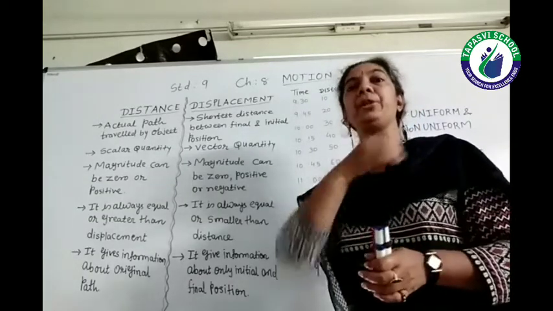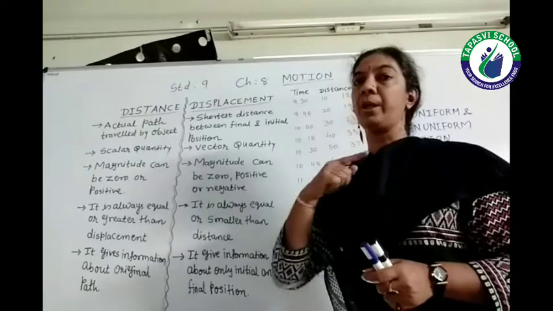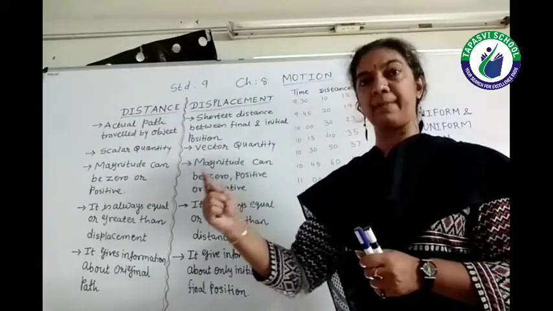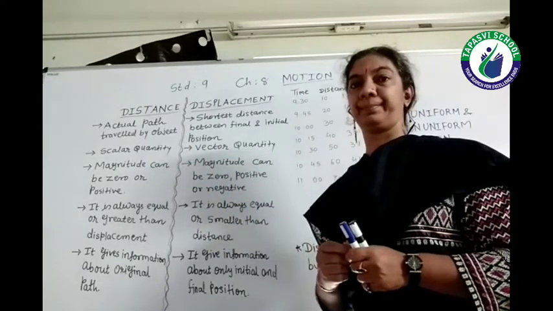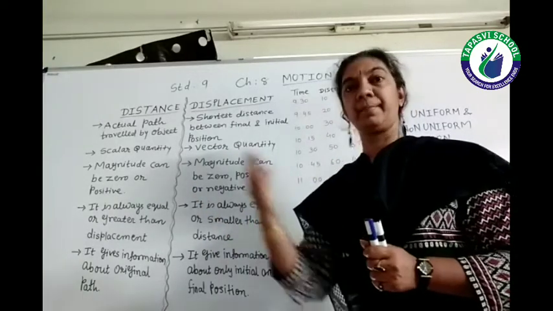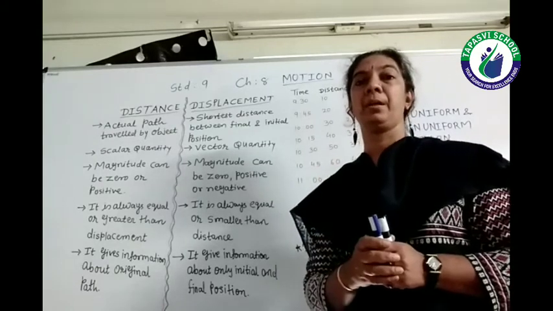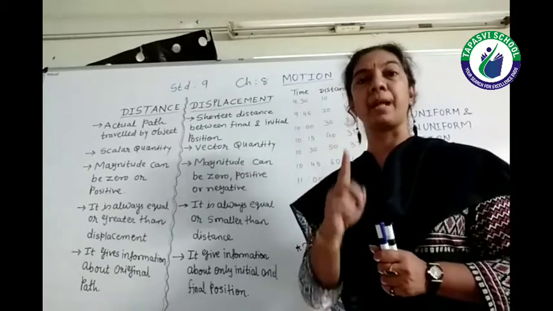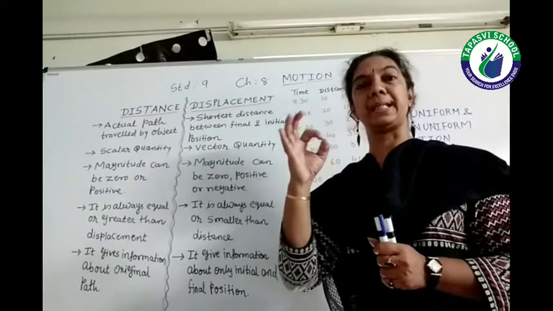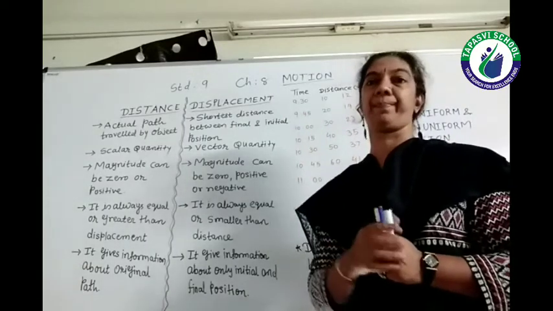Say for example, you are swimming in a swimming pool. You are going in one direction. That means you are traveling some distance. You are coming back to your original position by back swimming. So in this situation, the distance has been traveled, but the displacement is 0 because the final and initial positions are the same.